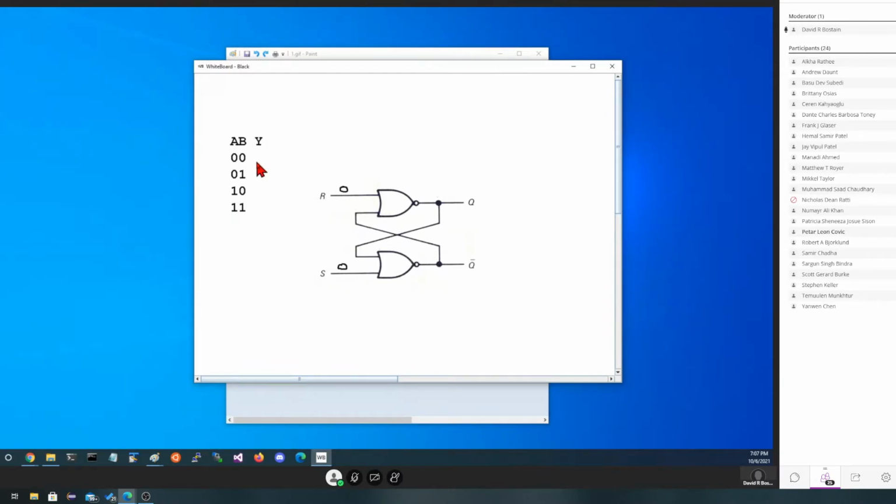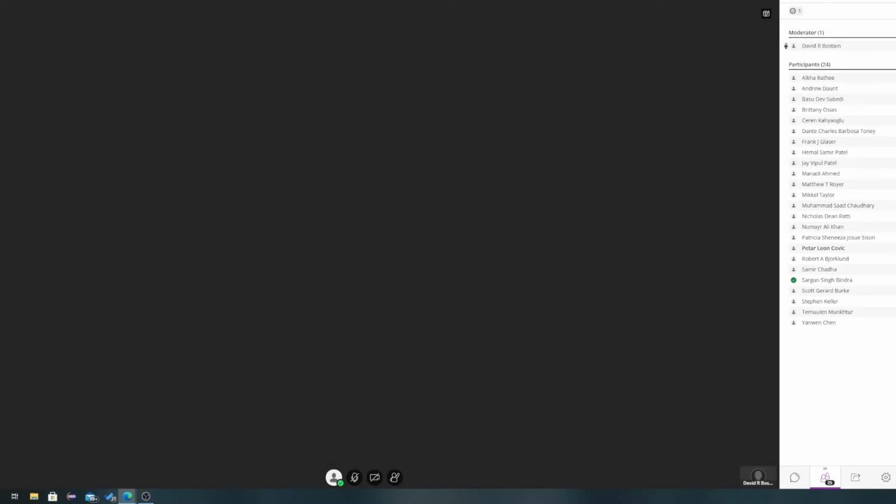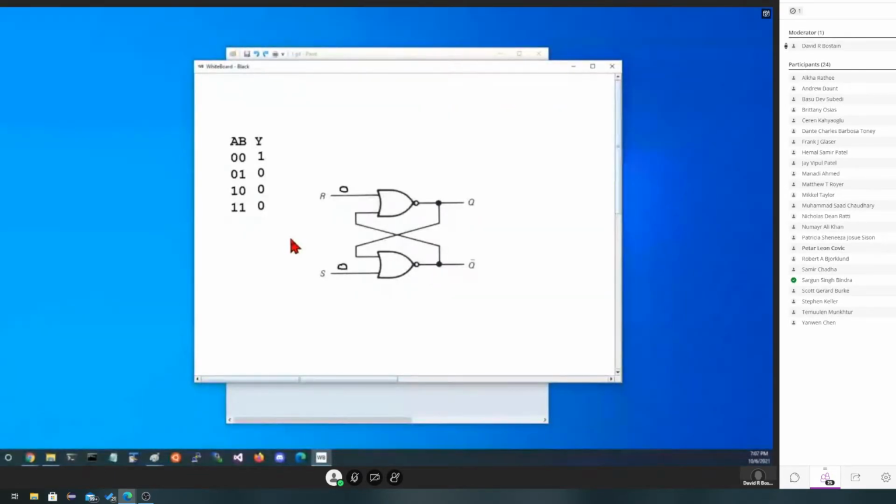What's the opposite of an OR? So that means we should have a 1 here and zeros in all the other places. Double check me there.